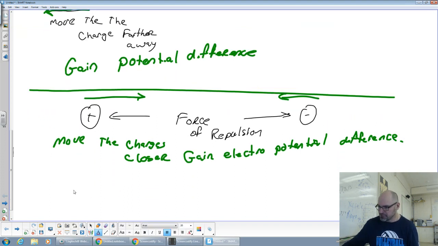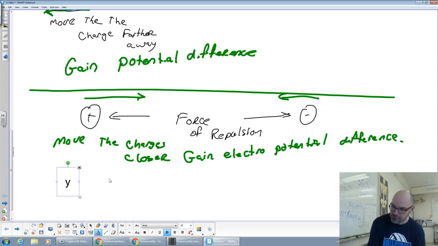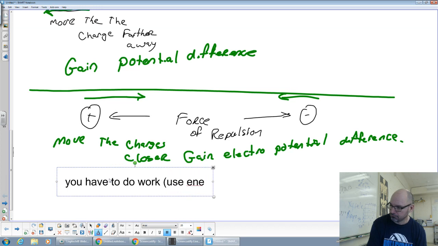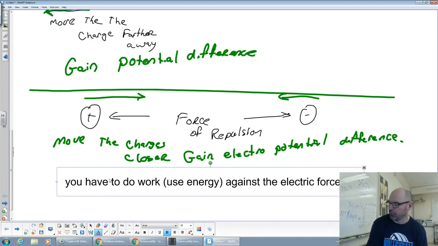So you have to do work, use energy against the electric force, to increase your electric potential.